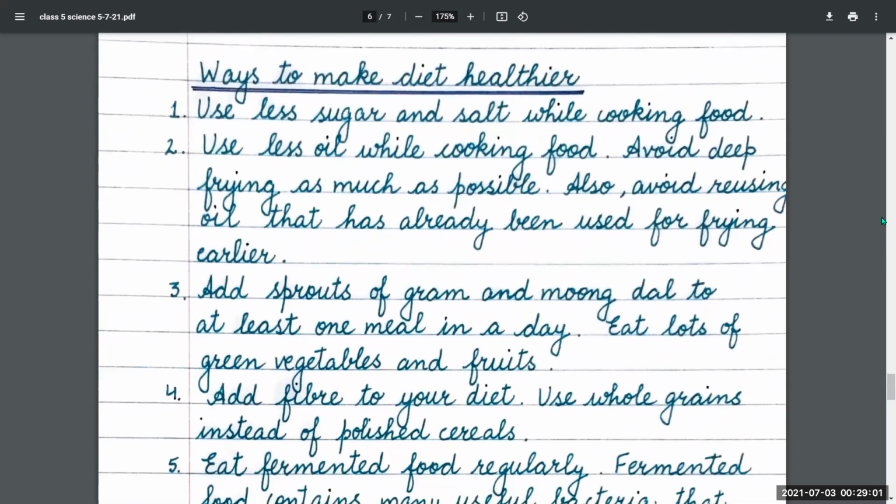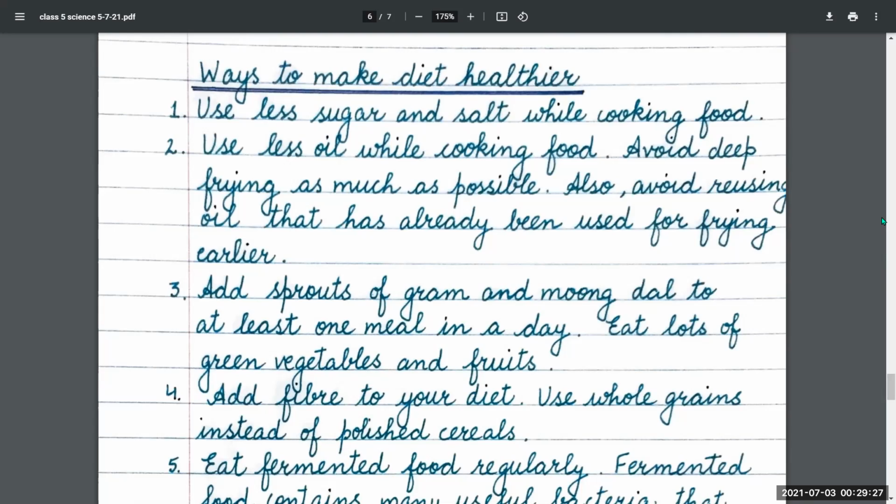Now let's see some ways to make diet healthier. Use less sugar and salt while cooking food. Use less oil while cooking food and avoid deep frying as much as possible.